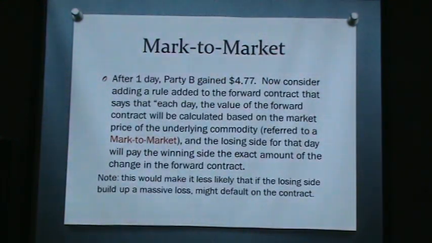So at the end of the day, A lost and B won, so person A has to send $4.70 to person B. It's like calculating this number and then moving the money from one account to another.